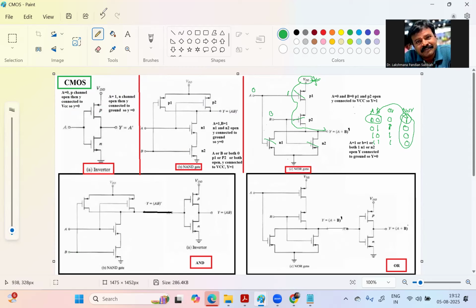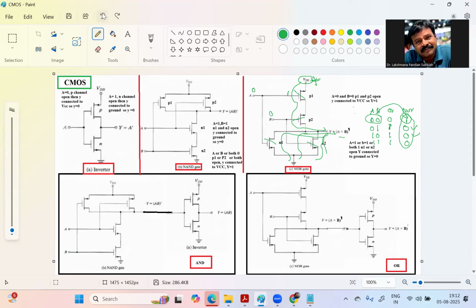Whether any one of the channels is closed or both are closed, here N1 is open, or otherwise N2 is open, or both are open. Then it is connected with ground, so the output is 0. The connection to ground gives 0.